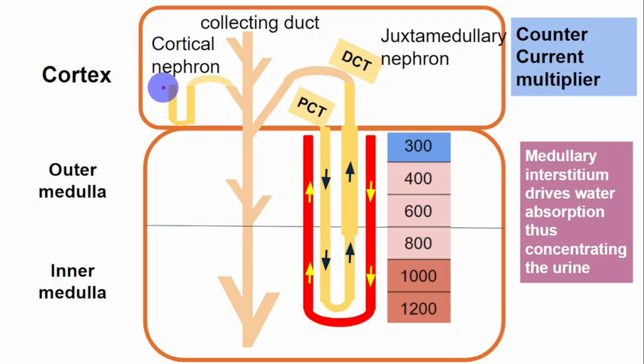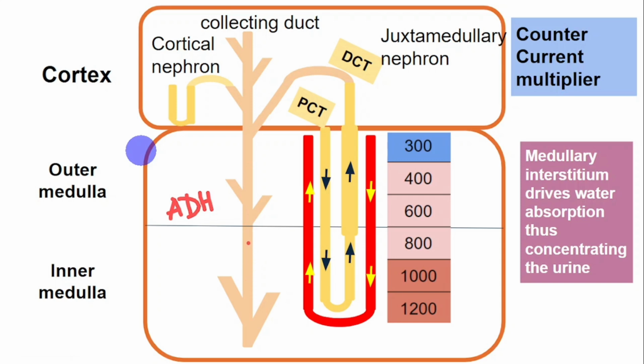So filtrate from cortical nephron and juxtamedullary nephron, they both enter in the collecting duct. Now if the body requires to save water, then the posterior pituitary will release vasopressin, which is also called ADH, antidiuretic hormone. The effect of antidiuretic hormone is it will open up aquaporins. Those are special water channels in the wall of the collecting duct.